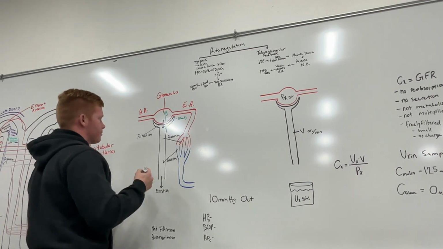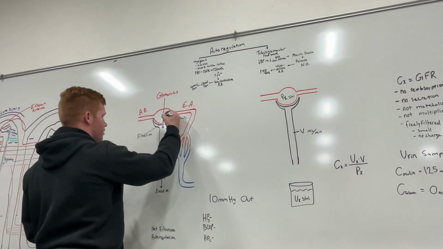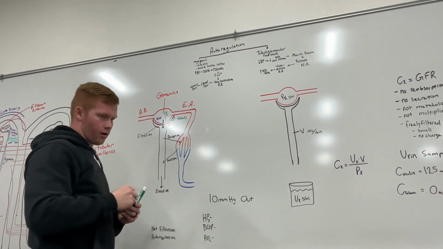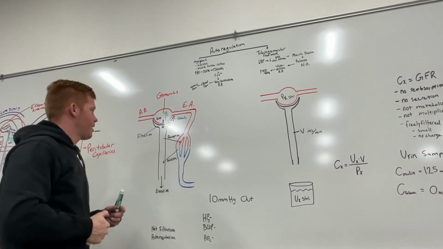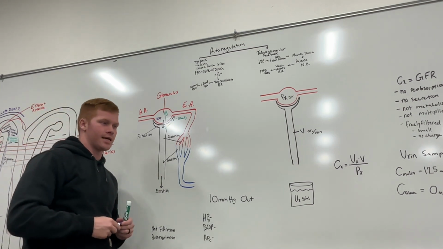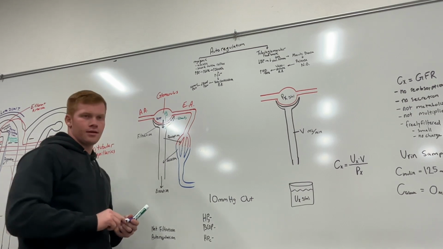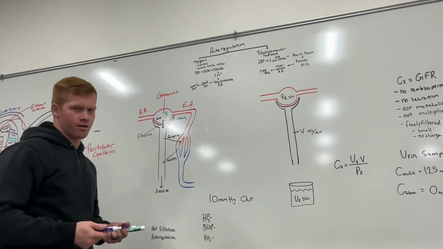And that's the only one we have coming out. Coming back in, we have something I'm going to call B-COP again. And this is the blood colloid osmotic pressure. And I think in the book it had a different name, like oncotic something pressure. I can't remember.